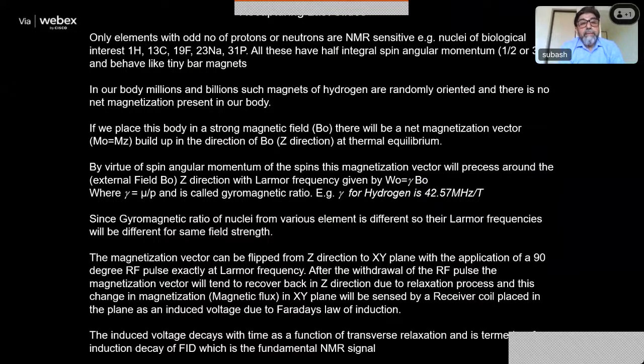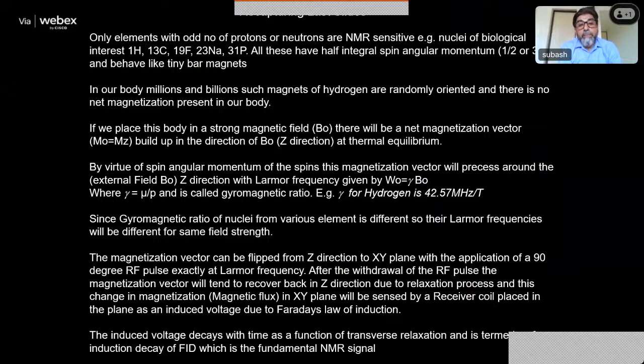In our body, millions and billions of such hydrogen magnets are randomly oriented, and there's no net magnetization within our body. If you place the body in a strong magnetic field, there will be a net magnetization vector M0 in the z direction. We call it M0, equal to Mz, built up in the direction of B0, which is the external magnetic field, at thermal equilibrium.